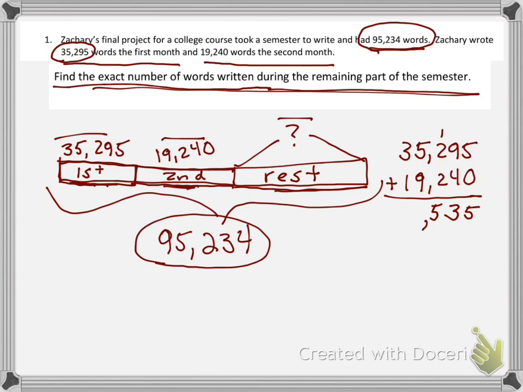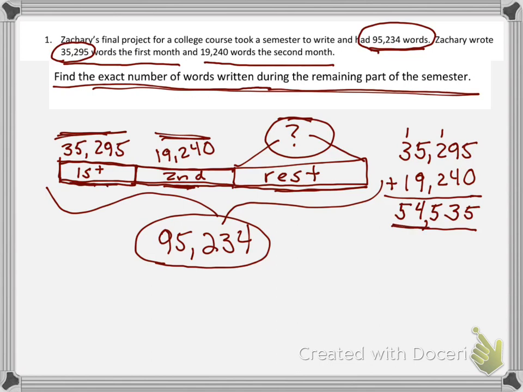And 5 plus 9 is 14,000. Put down the 4, carry the 1. And in the 10,000s, we have 3 plus 1 is 4, plus 1 is 5. So far, within these two values, the first two months of his semester, he wrote 54,535 words.